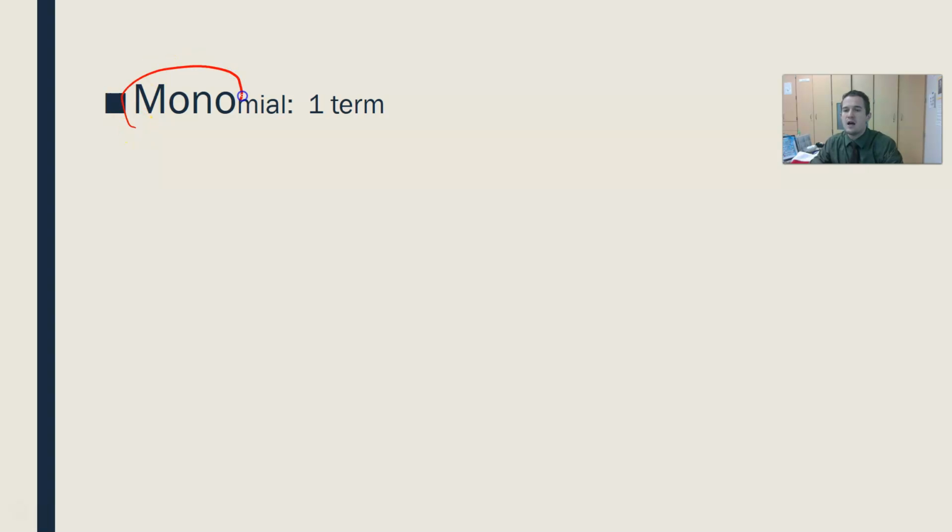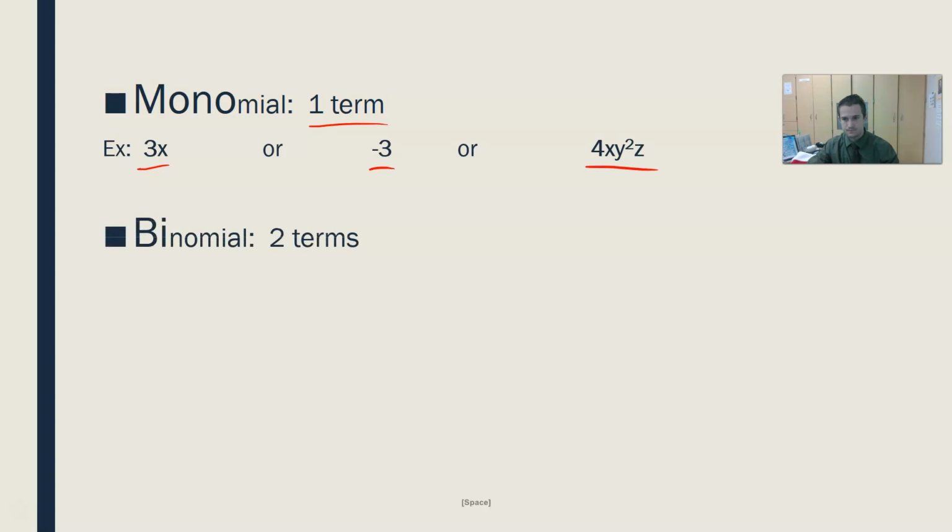A monomial, like a monocle, means it has 1 term. So things like 3x or negative 3 or 4xy squared z. 1 term, meaning one section of stuff being multiplied together. So 4 times x times y squared times z. Negative 3, 3x. Those are all monomials because they have 1 term.